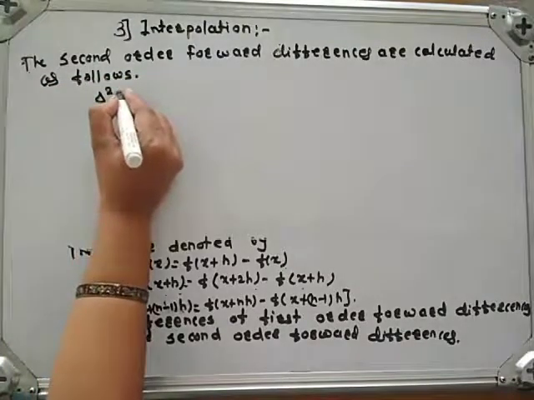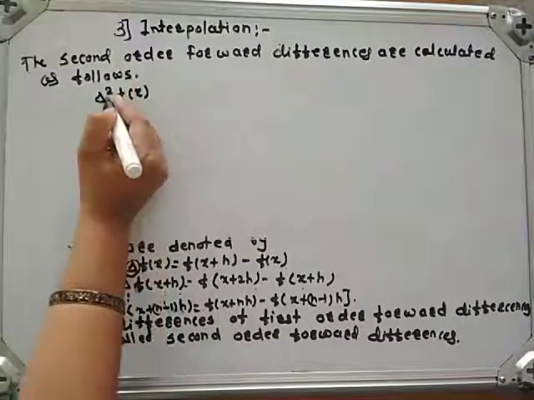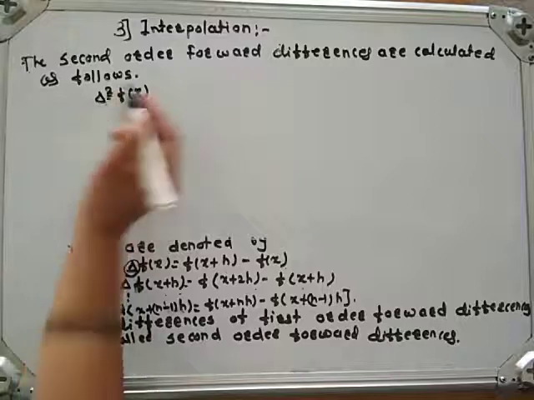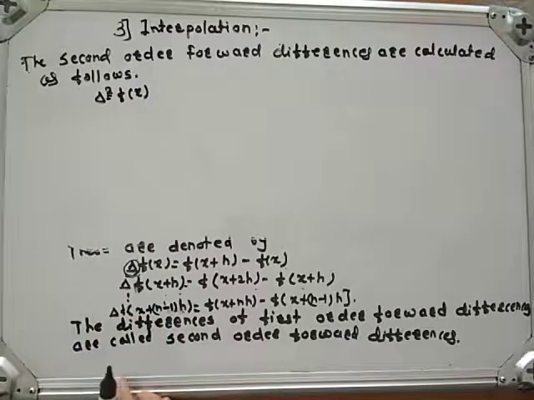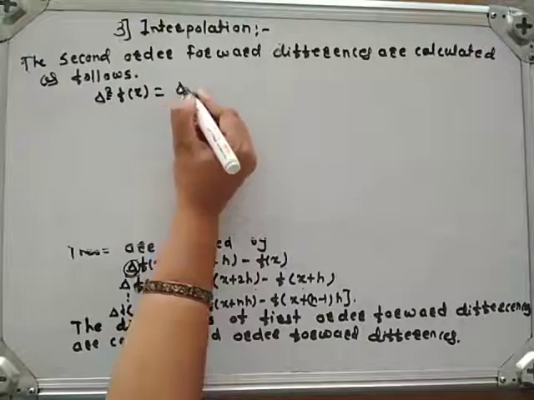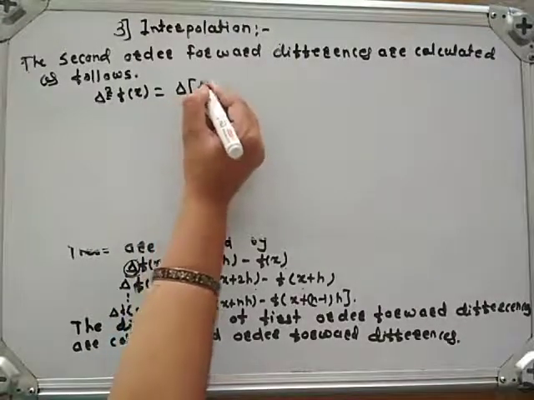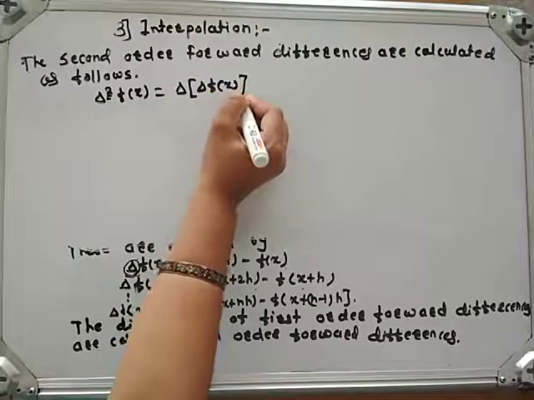Delta square f of x, second order, here the power of delta is 2 and in first order the power of delta is 1, which can be written as delta in bracket delta f of x.